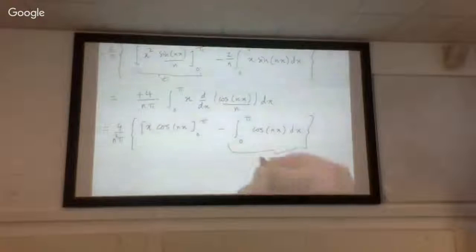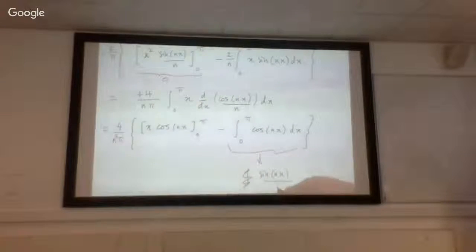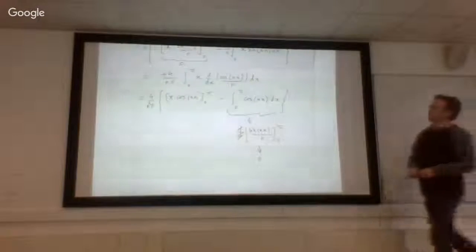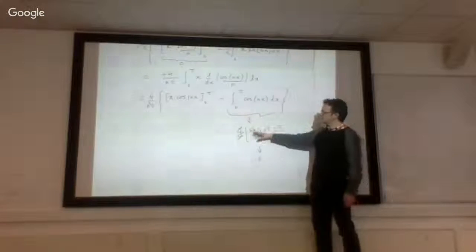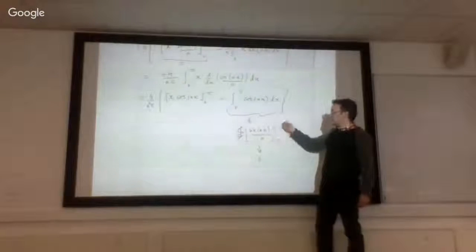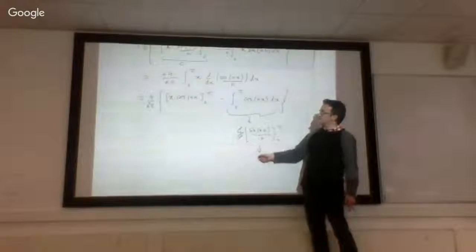The integral here goes to some sine nx over n, again evaluated at 0 and pi, but of course that goes to 0. So this isn't going to give me anything. You integrate cosine nx, you get sine nx over n, but that gets evaluated at x equals 0 and pi, and this is always 0 at those points. So the integral there doesn't give me anything.